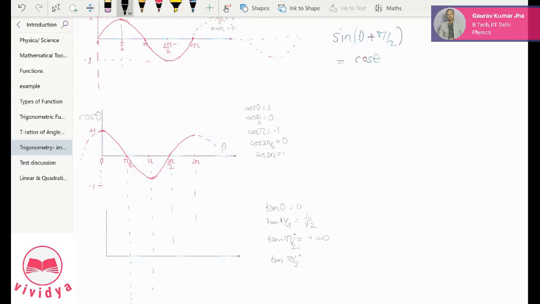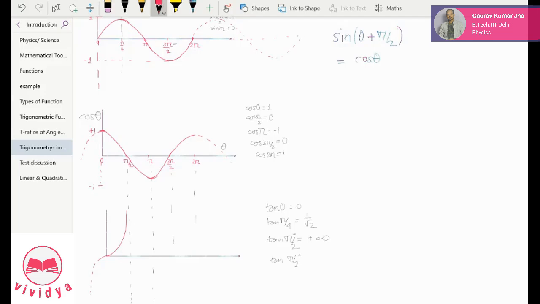So what happens in tan theta is, it goes from here till pi by 2. At 0 it is 0, and then it takes a very large value. So this is part of a graph like this.